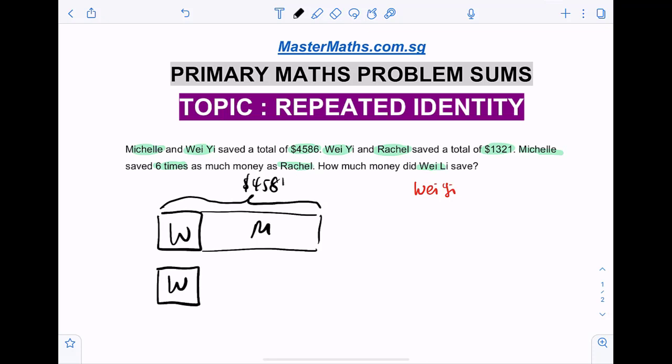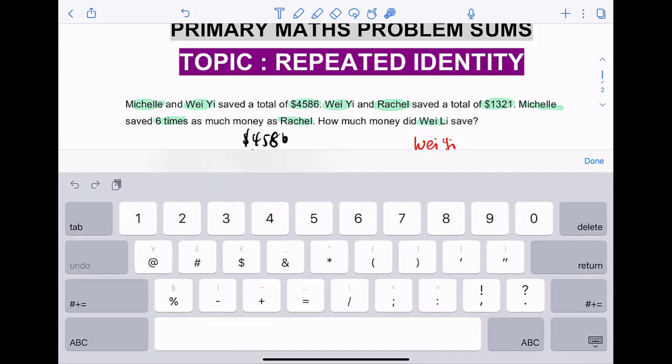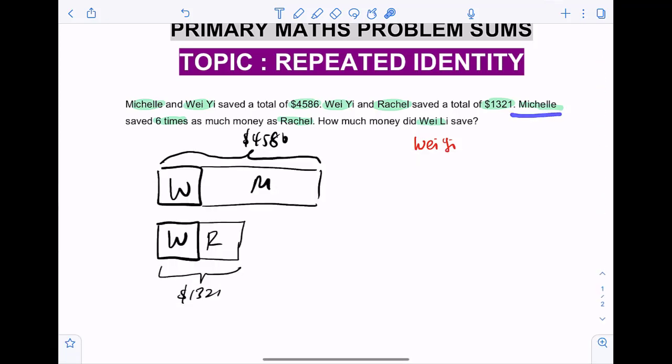So 4,586 here. And then the second model, Wei Yi and Rachel, it's just a small amount here. Total is lesser, 1,321. Very important, they have given us the comparison between Michelle and Rachel.